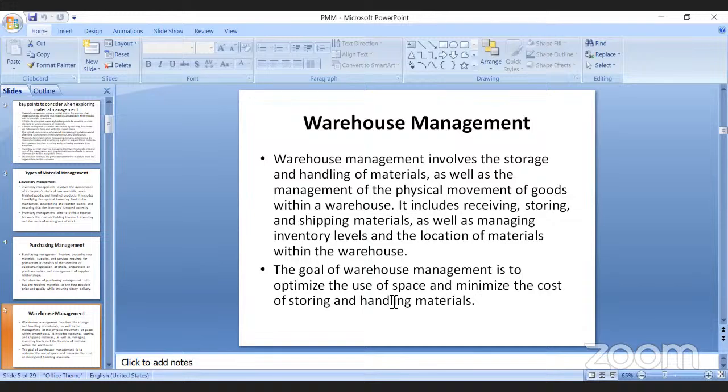Then problems arise. You are not handling the raw materials properly. Either your machine is not running, or there is a labor strike, you are not producing, and your material does not go to the production level. Yes or no? So many problems will arise.